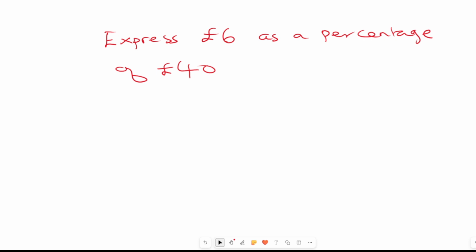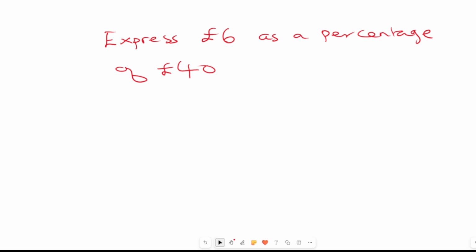So in that situation, you will be expressing the £6 that you got out of the £40 as a percentage. And when you are speaking in terms of percentage, people tend to understand you better. It can help them to instantly know how much portion of a whole you were able to get.